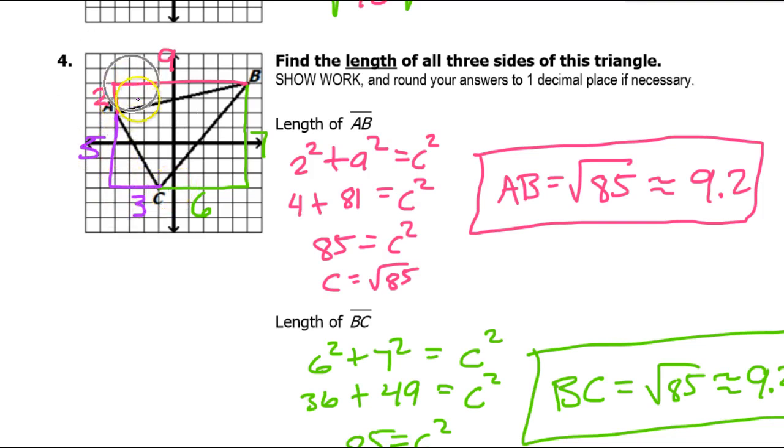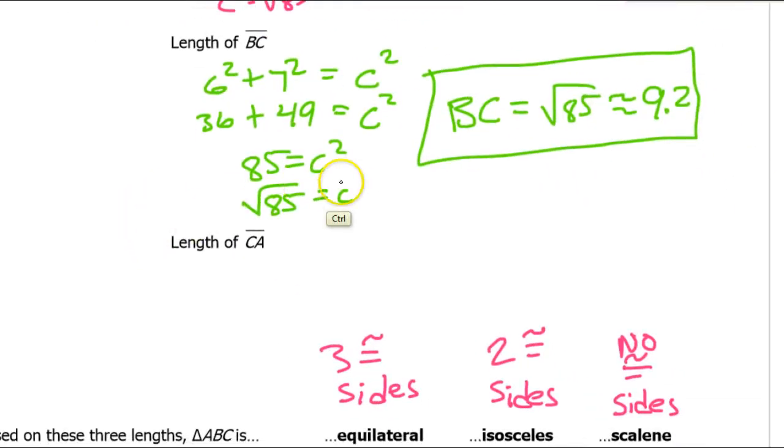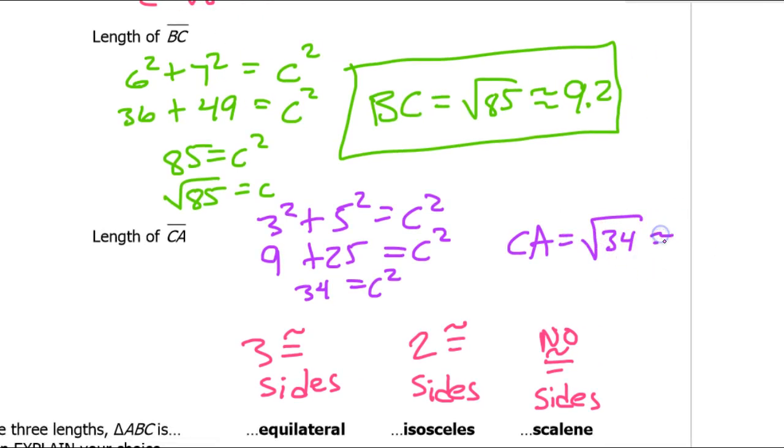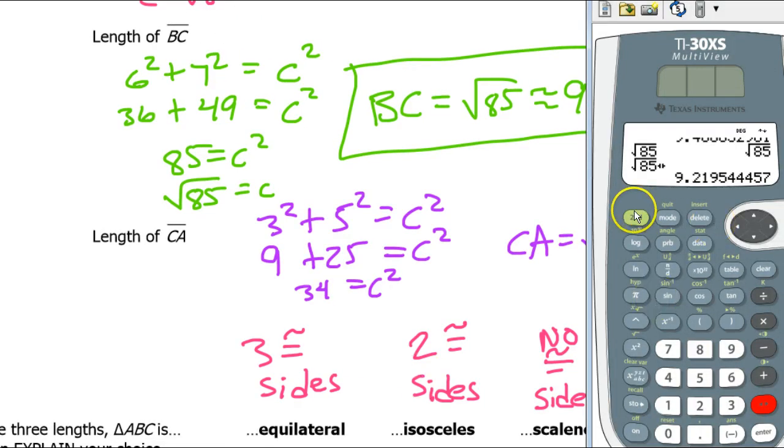So 3 squared plus 5 squared is equal to c squared. That's 9 plus 25 is equal to c squared. So 34 is equal to c squared, which means that CA is equal to the square root of 34, which is approximately 5.8.